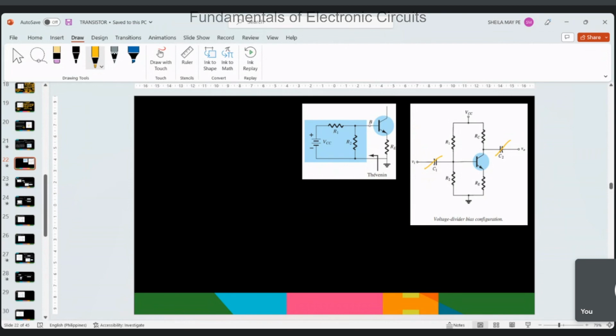This here is our R2, right? For the Thevenin theorem, we need to simplify our circuit by putting the voltage in series with the resistor and connecting it to the output.